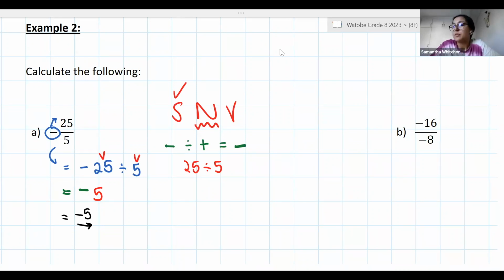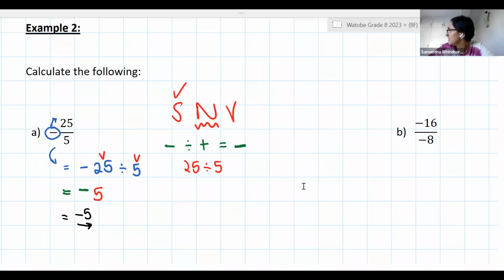So quickly try for me question B. We've got negative 16 divided by negative 8. Pop your answers in the chat. And question of the day, guys, we have come to an end. So make sure you get this question right. Practice makes it perfect.